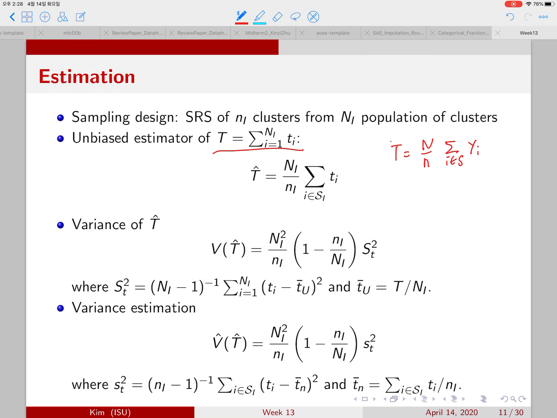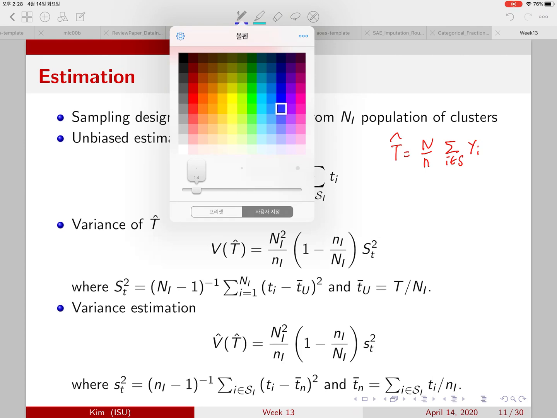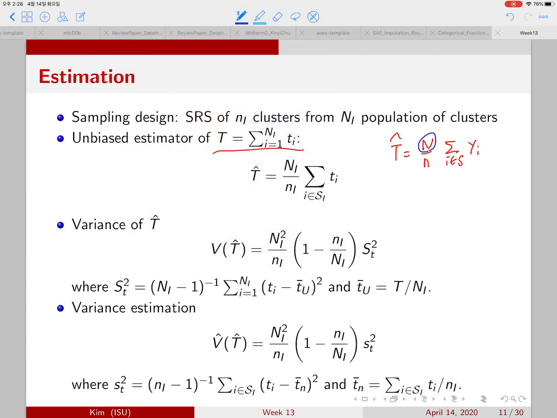Now it's cluster sampling, so N becomes capital N of clusters, n becomes small n because we select clusters, s becomes s_t, and y_i becomes t_i. That leads to this total estimator.